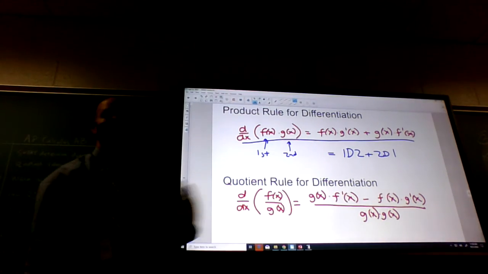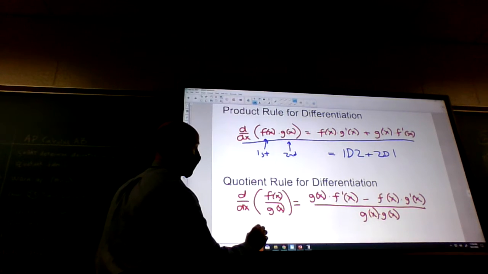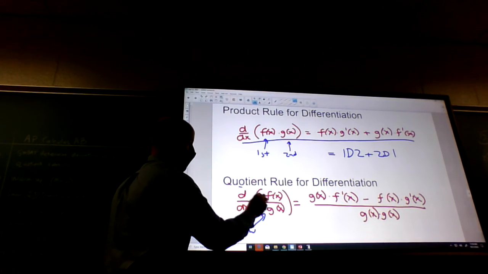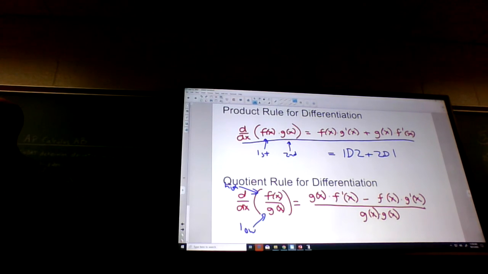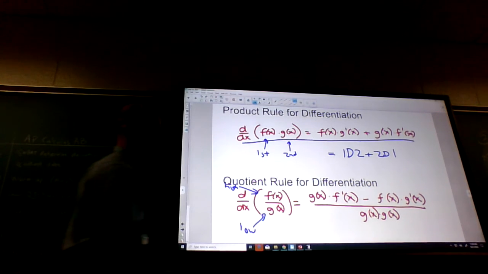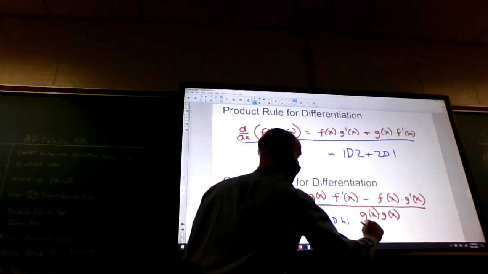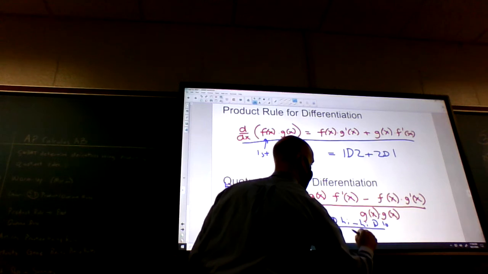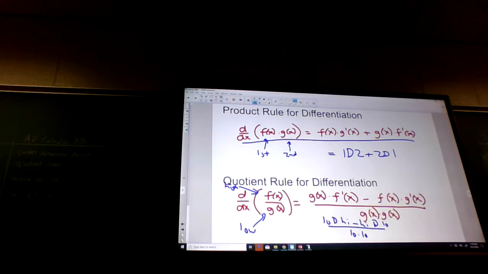Here's another little trick, if you will, to remember this one. Ready? We would think about this guy as the low one, and that's kind of like the high one, right? So the function on top is the high one, the function on the bottom is the low one, right? Yeah. So here's the rule. Now you can see I'm even abbreviating that a little bit.